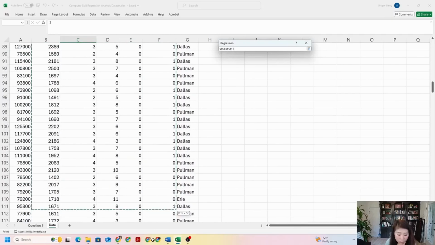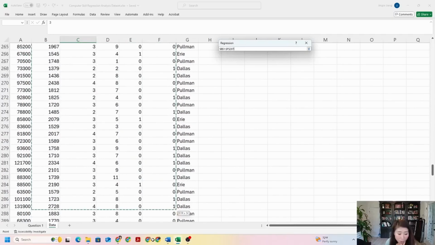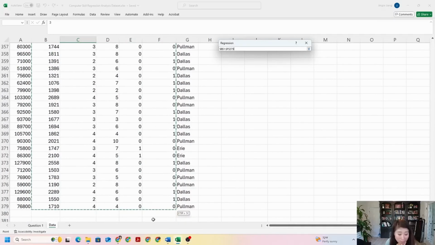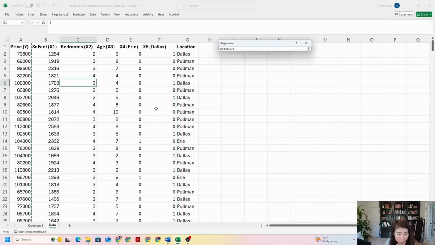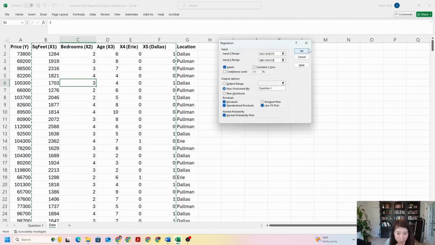Like I said in the previous video, it is very important that all your X variables are next to each other. There is no gap, no unused variables among all your X variables. All the X variables have to be next to each other. So as you can see now, I select the B, C, D, E, F columns because they are my X variables. After I do so, I click this little arrow.